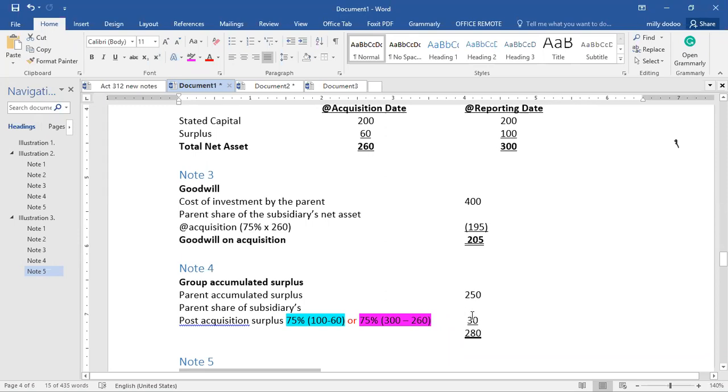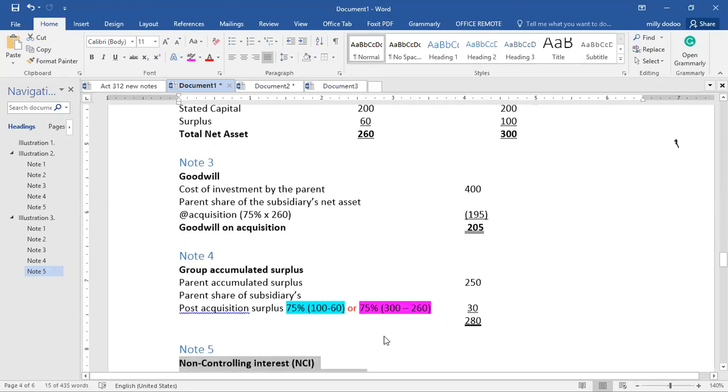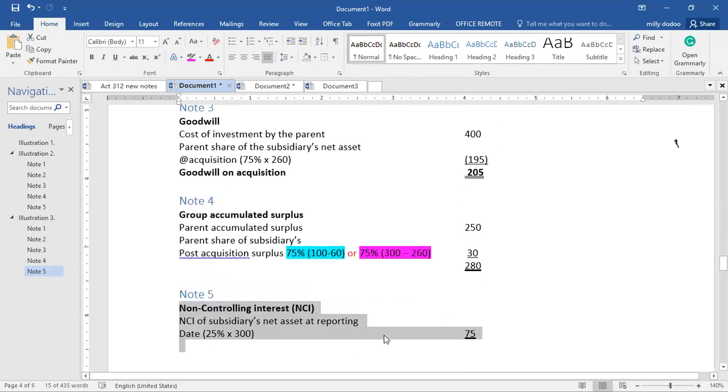So at the end of the day, whatever we are going to be looking at now, the focal point is going to be on the NCI, the non-controlling interest that we were not giving cognizance to in our earlier illustration. Now the non-controlling interest is going to be given more attention over here. Then you will see how the non-controlling interest is also dealt with.